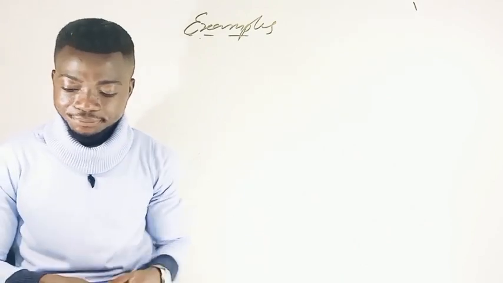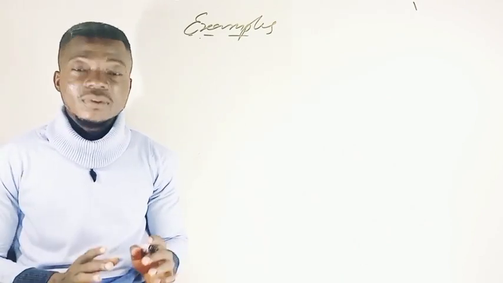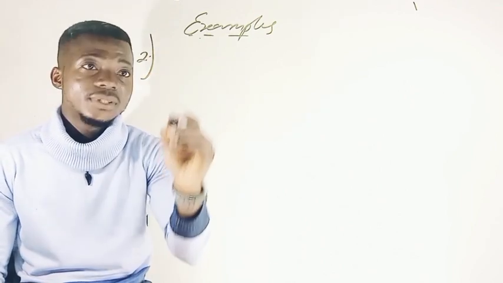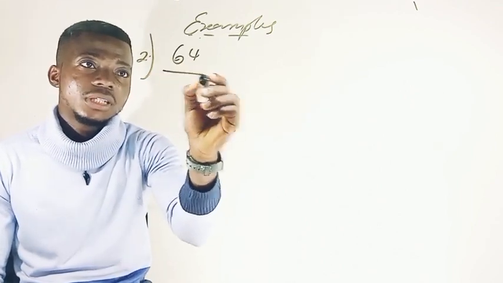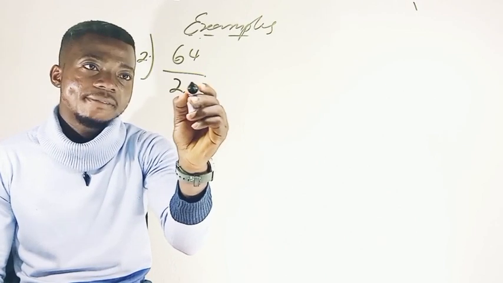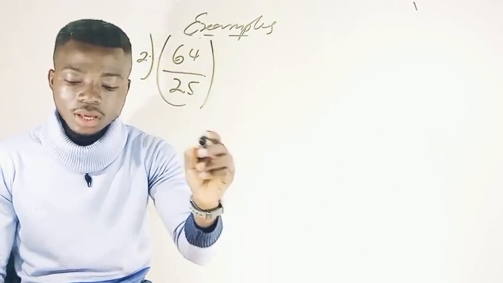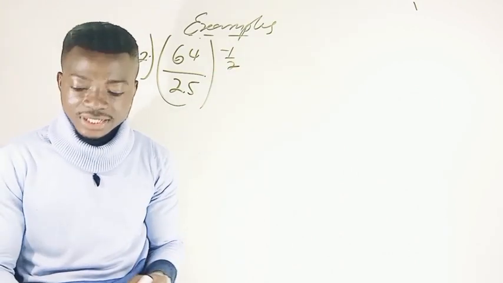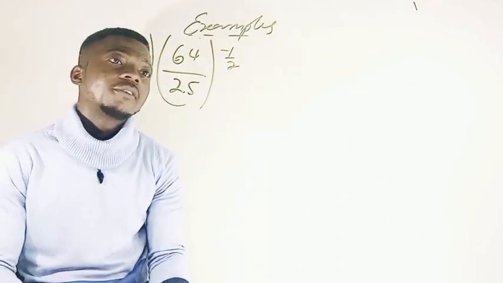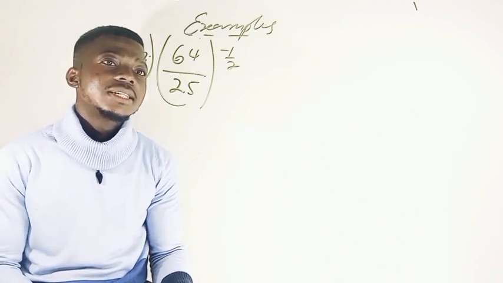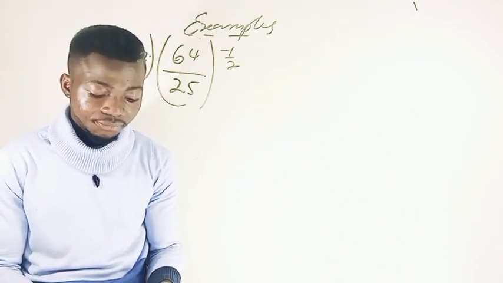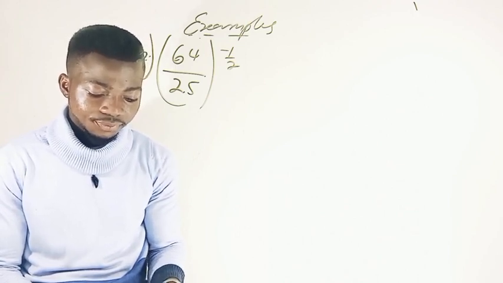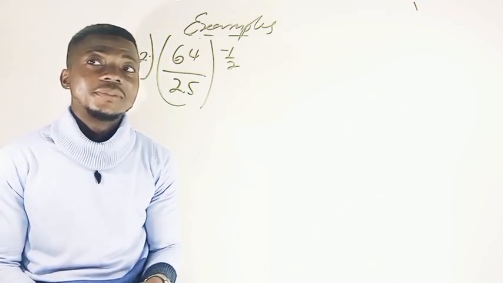All right, example number 2. So 64 over 25, all exponent negative half, right? Good. Now let's go.